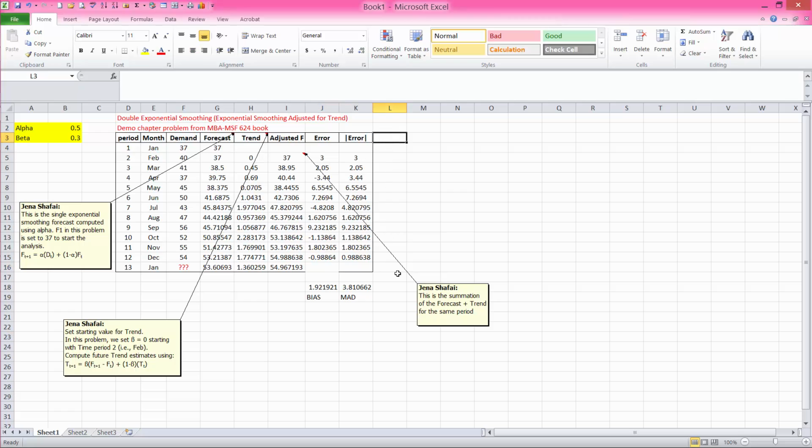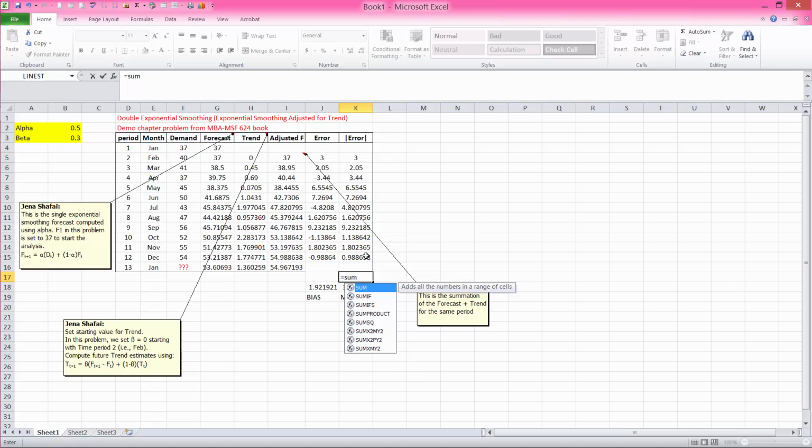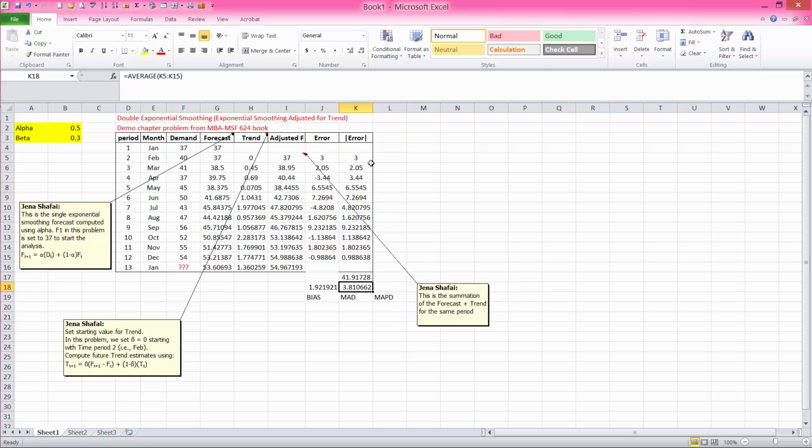I can compute MAPD, mean absolute percent deviation, and that is the summation of all of the absolute error terms. So MAPD is equal to, and I'll put these summations over here.